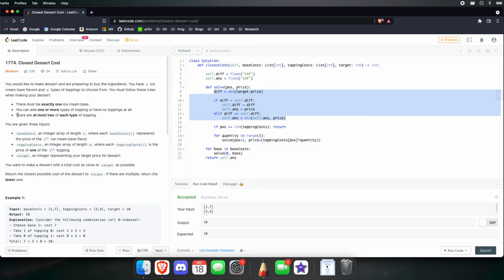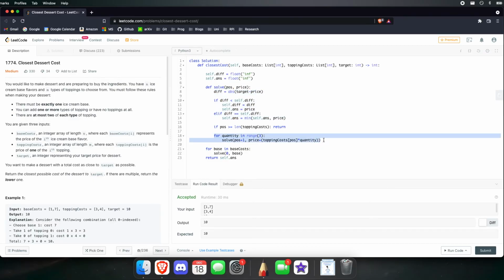And then finally, there are at most 2 of each type of topping. That tells us that we want to consider only taking 0 of this topping, 1 of this topping, or 2 of this topping. Therefore, we know we only have to iterate over values 0, 1, and 2.